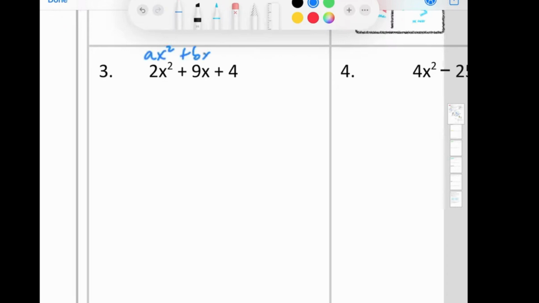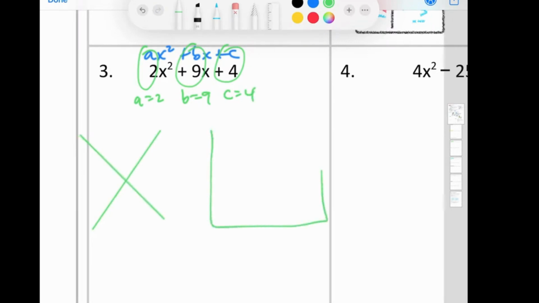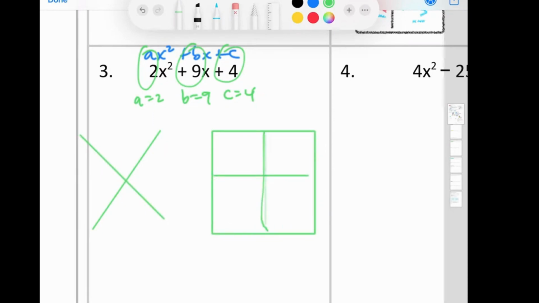ax squared plus bx plus c. So a is 2, b is 9, c is 4. I'm going to put it into my x in my box. Okay, so I have a times c here.